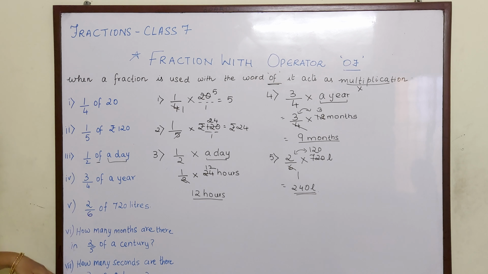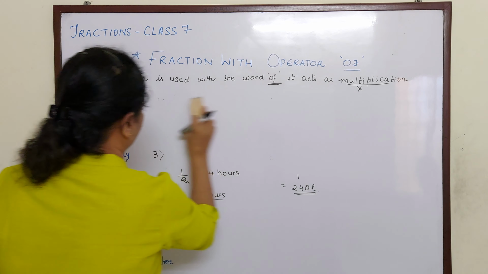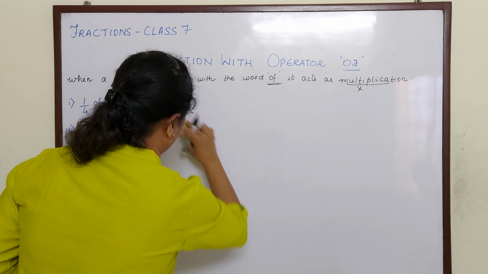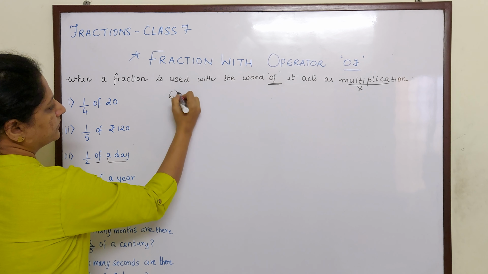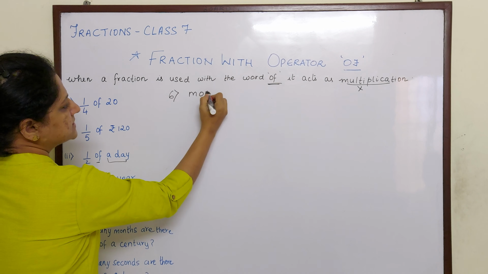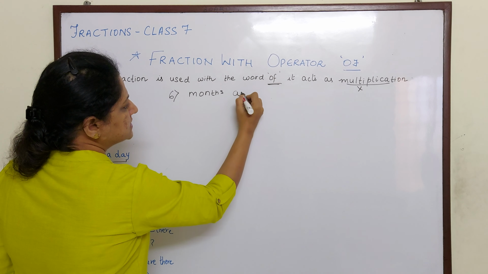Now I will be doing these next two word problems. Now here they have asked children how many months are there in 2/5 of a century?